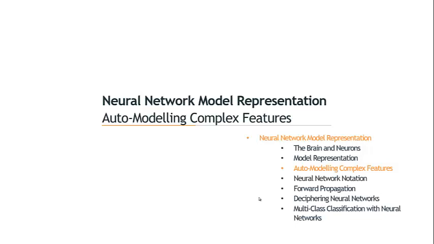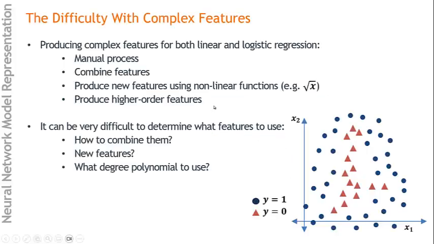Okay, so let's pick up on that point that we can assemble neurons together and develop a more complex system. Now, you remember when we were dealing with regression, we formed complex features. Sometimes we had several features. In this case, we had two features besides the constant feature.